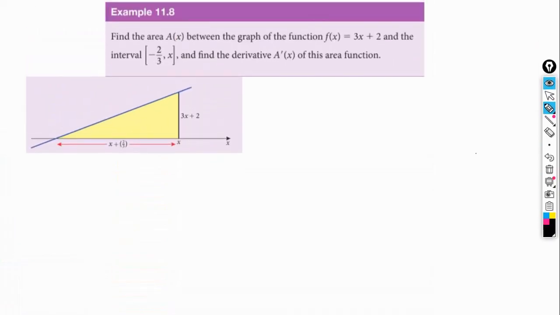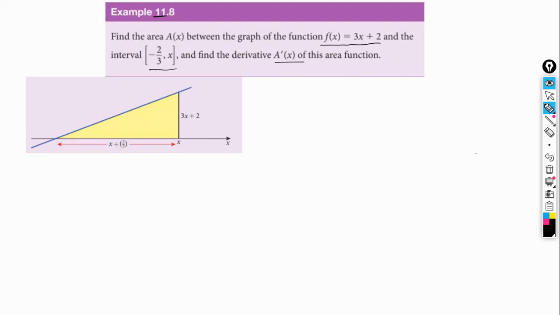So next we have example 11.8, and it says, find the area, A of x, between the graph of the function f of x equals 3x plus 2 and the interval from -2/3 to x, and find the derivative of this area function.